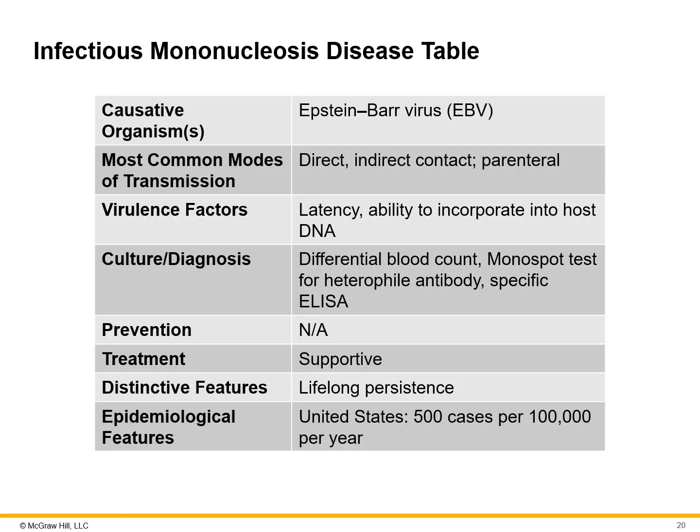Just looking at this, the Epstein-Barr virus is spread by direct contact, and also an indirect or parenteral mode of transmission. Again, it can become latent and has the ability to incorporate into the host DNA, so it can hide that way. Supportive treatment is what is given, and there is lifelong persistence, so it continues to be an issue throughout the lifespan.